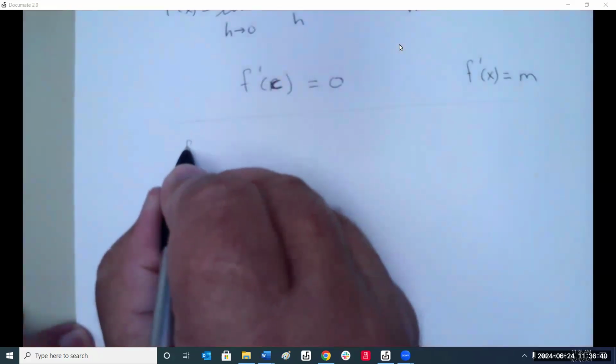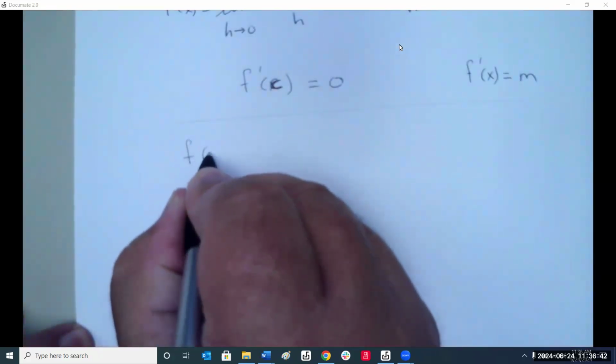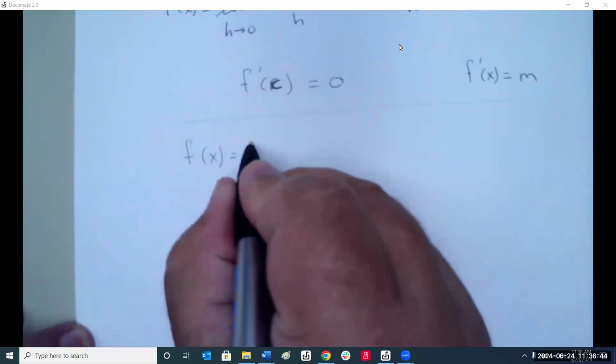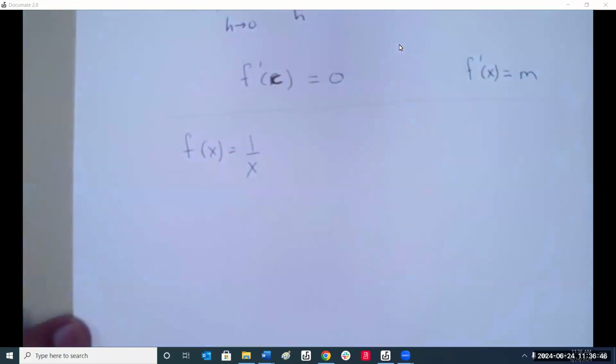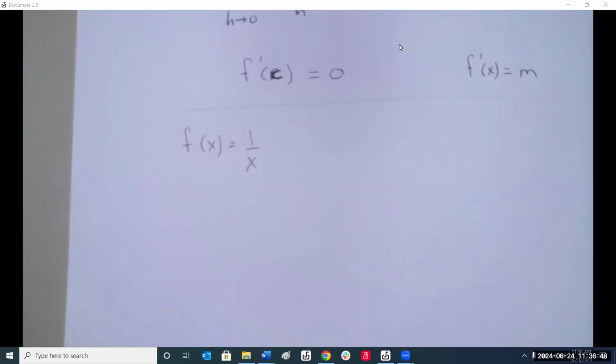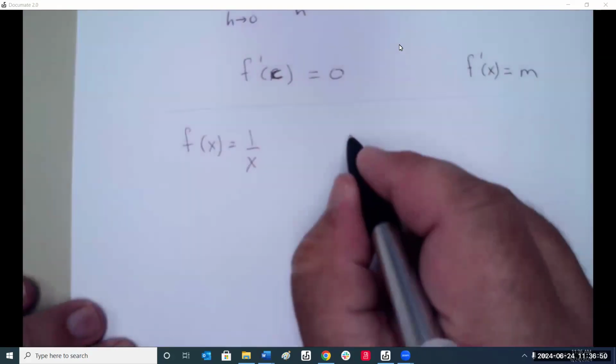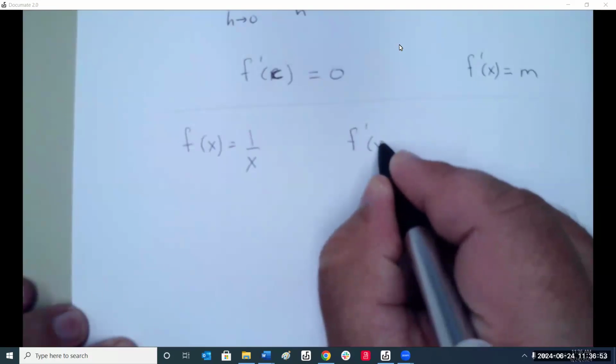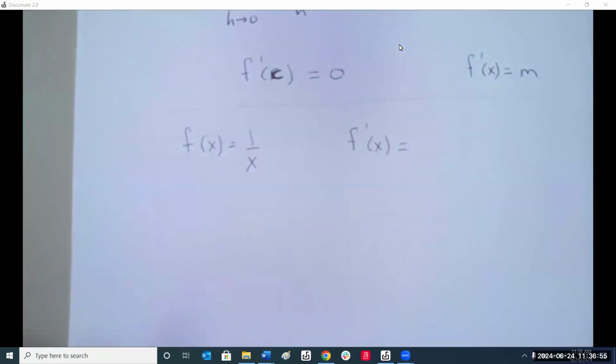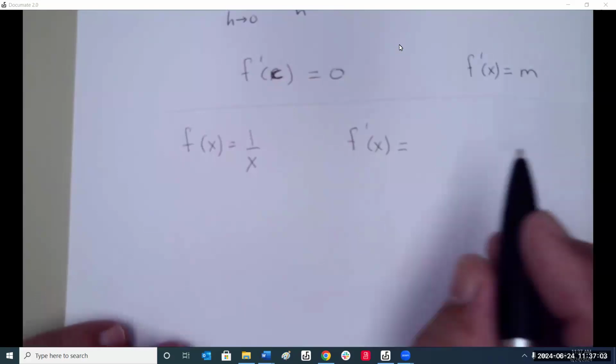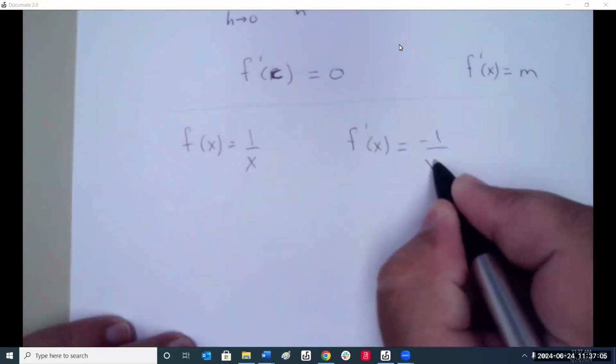We've also discussed equations like this. The derivative of 1 over x would be what? We did this: negative 1 over x squared. Very good.